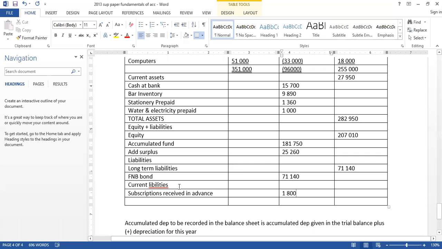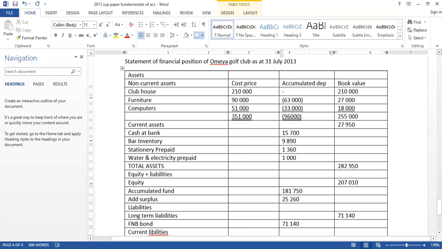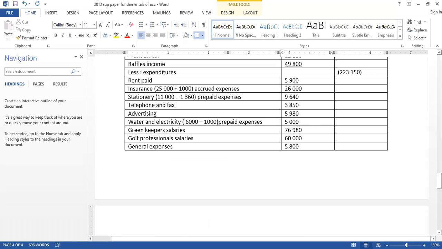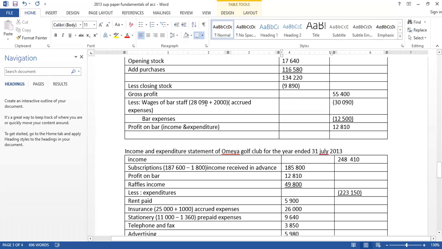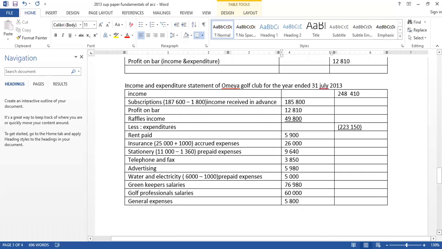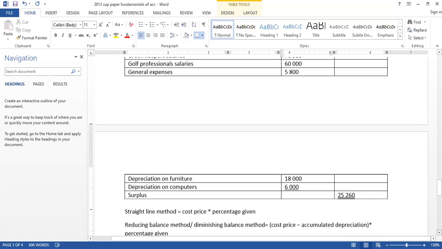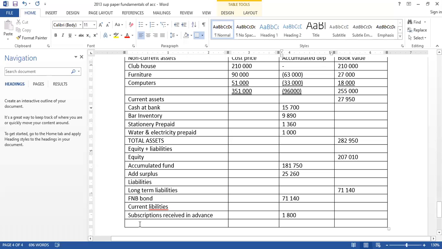And then we have accrued expenses. We said accrued expenses are also liabilities. So we have wages of bar staff accrued of 2,000. Let's record this, it's also a current liability.